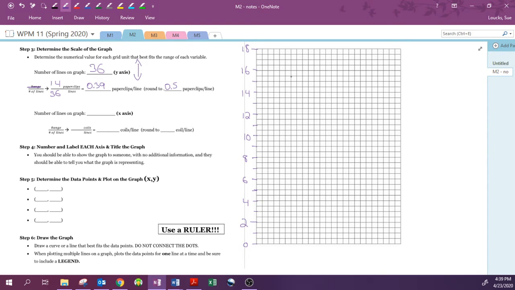All right, so there's our y-axis, and then we need to label it. We need to say what is on the y-axis, and that is average number of paper clips.